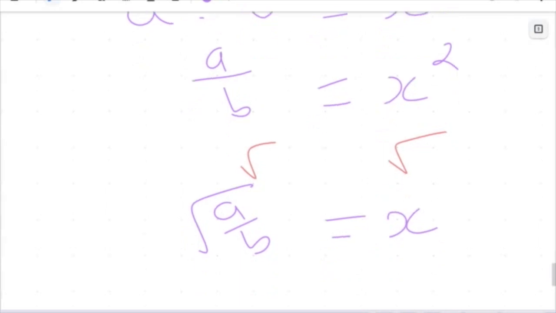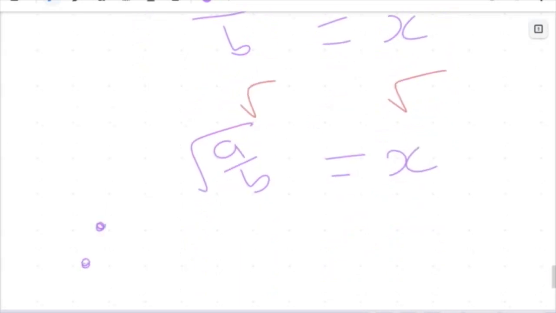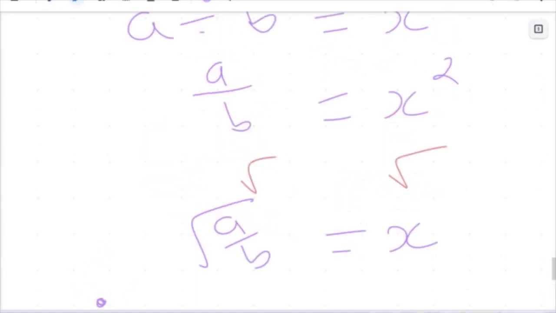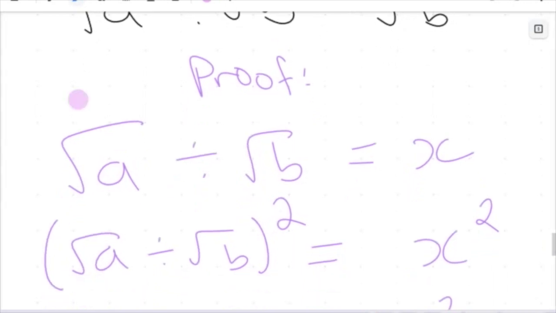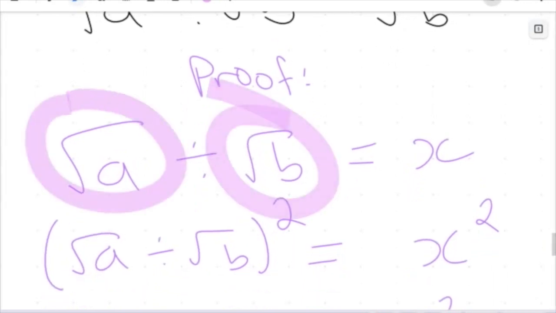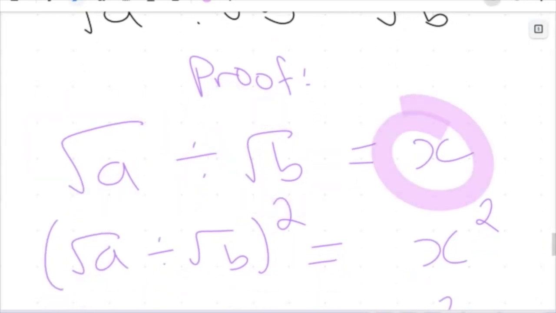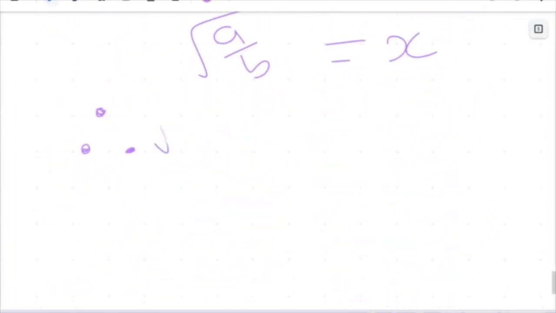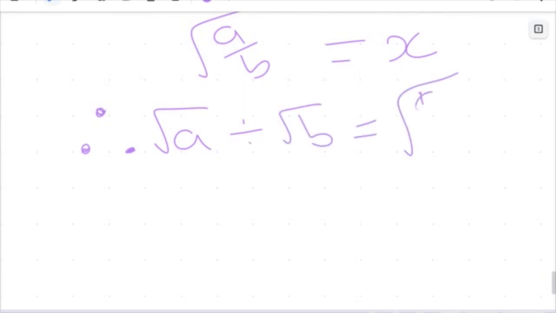So therefore, because this root a over b is equal to x, and these separately getting divided also equals x, I can now say, therefore, root a divided by root b gives me the square root of a over b.